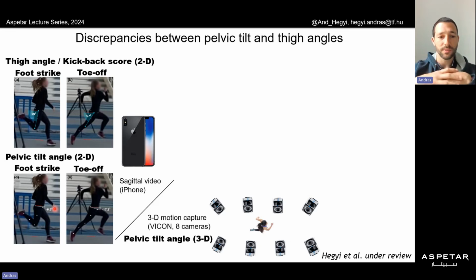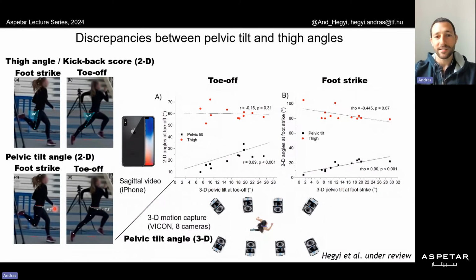And we also used 3D motion capture. This is the gold standard to measure pelvic tilt if you don't use bone pins. What we found was that unfortunately thigh angle was not related to the pelvic tilt measured by the 3D motion capture. But it seemed to be quite accurate to use the 2D method to measure pelvic tilt.